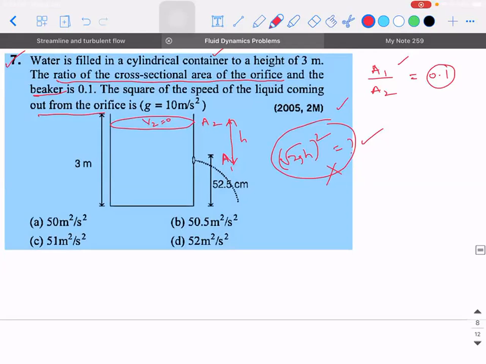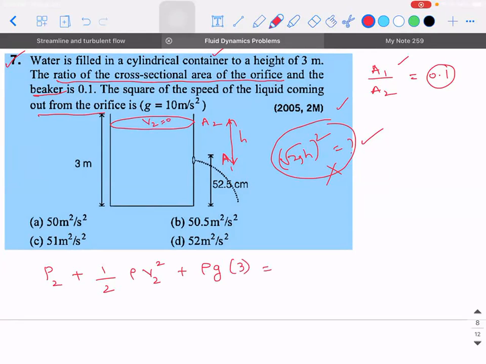Tell me. Same thing. P2 plus, P2 means top surface, okay, concentrate, half rho V2 square plus rho g into how much should I write? 3 meters. That's right.